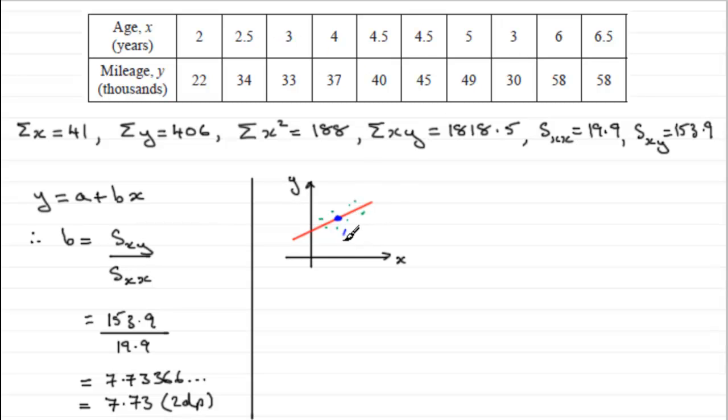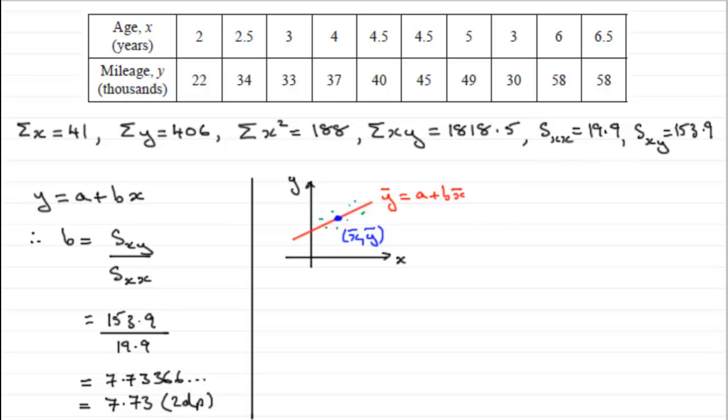It is always the mean of x, x bar, and the mean of y, y bar. It's this fact that we use to calculate a, because if this point lies on the regression line y = a + bx, then we know that y bar must equal a + b x bar. You can substitute these values in and it must satisfy that equation.